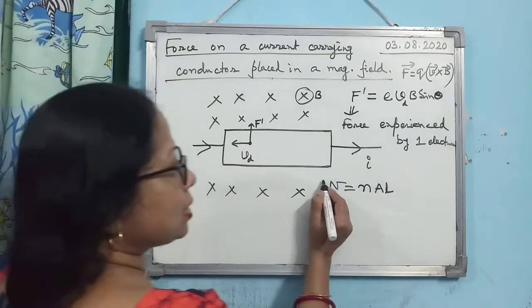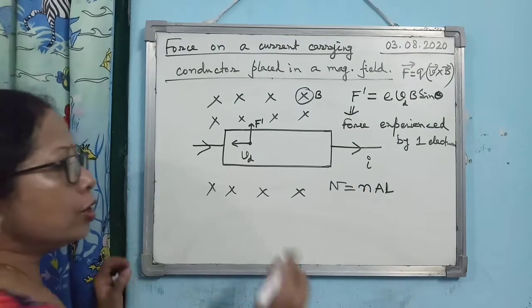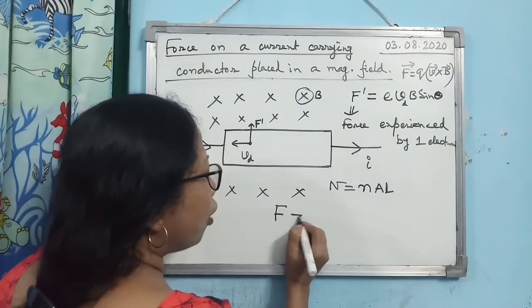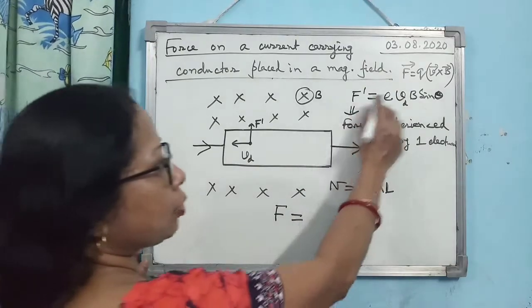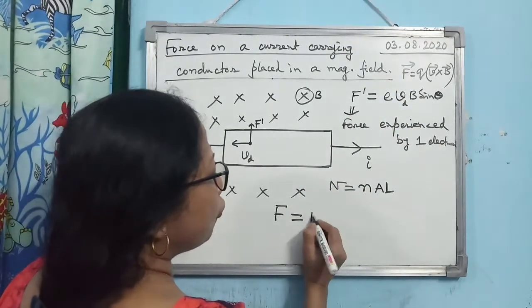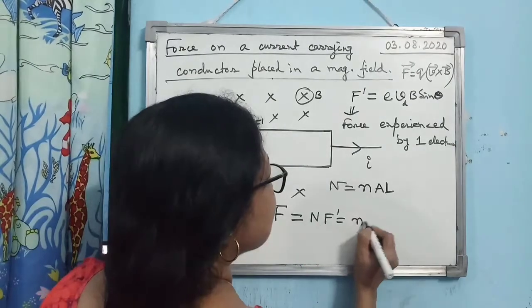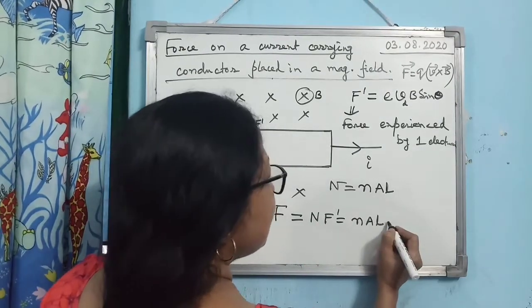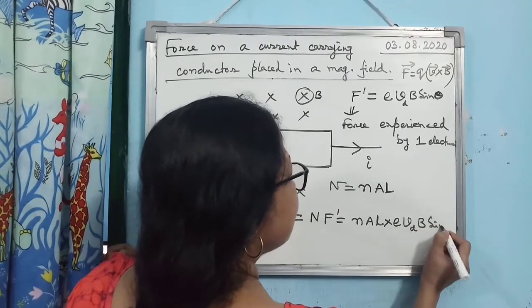So this is the total number of electrons present within the conductor. So what is the total force experienced by the conductor? It will be equal to the total force experienced by all the electrons. So you can write it as NAL into E VD B sine theta.